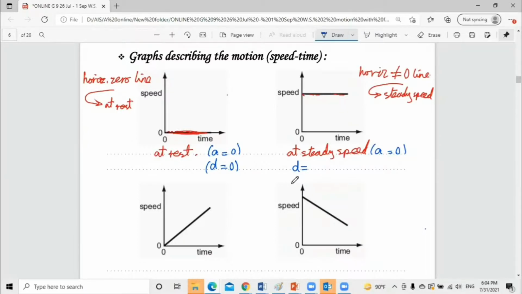So distance equals speed times time. The speed is the length and the time is the width, length times width. So distance here equals what? Equals area. Yes, it's equal to the area. So the distance equals the area under the graph, which is speed times time.